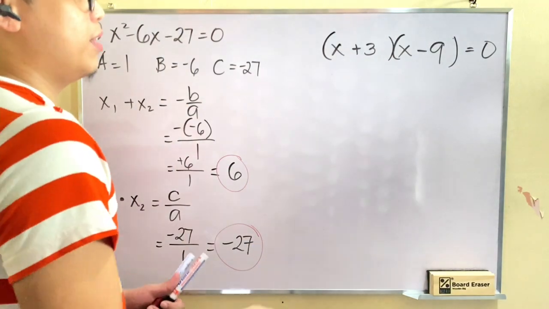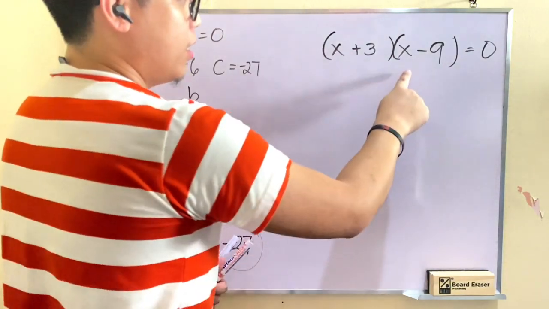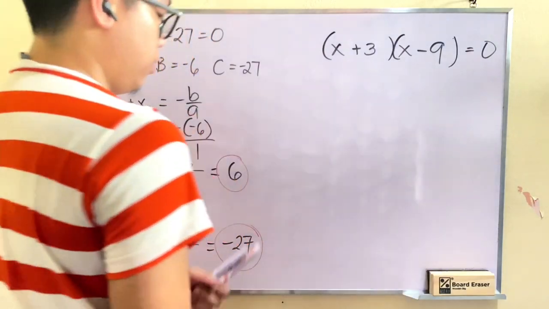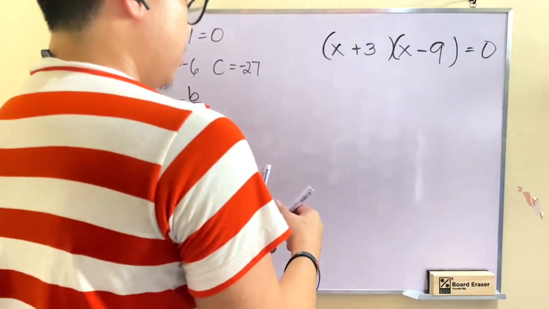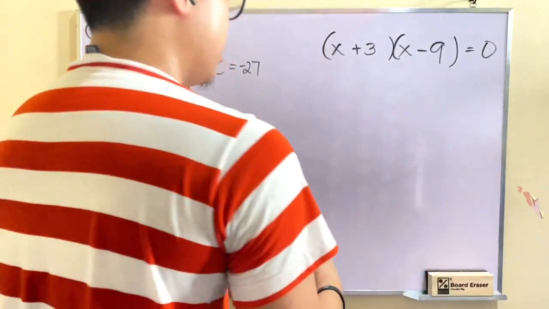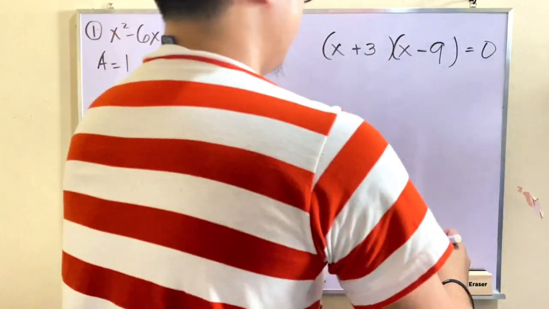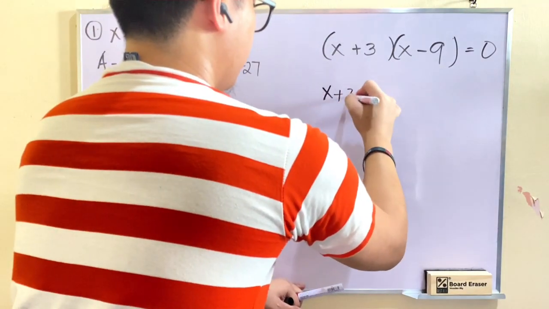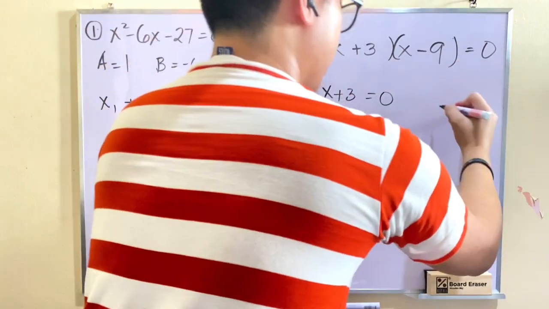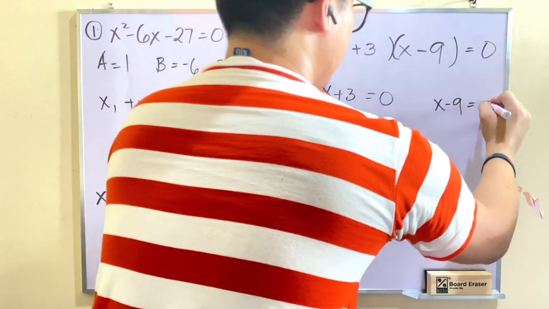Okay, tapos na yung ating factoring. X plus 3 times x minus 9 is equal to 0. So, meron tayong dalawang binomial. Paano natin makukuha yung value ng x? Of course, meron tayong dalawang conditions. X plus 3 is equal to 0 and x minus 9 is equal to 0.